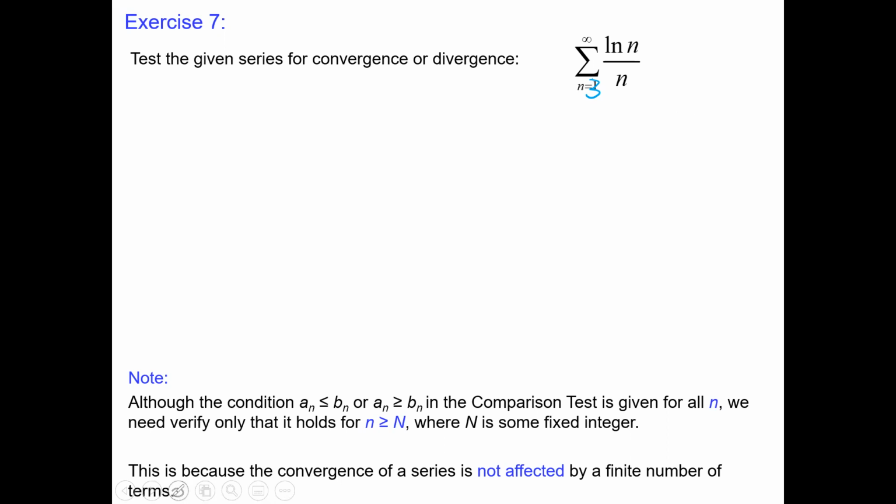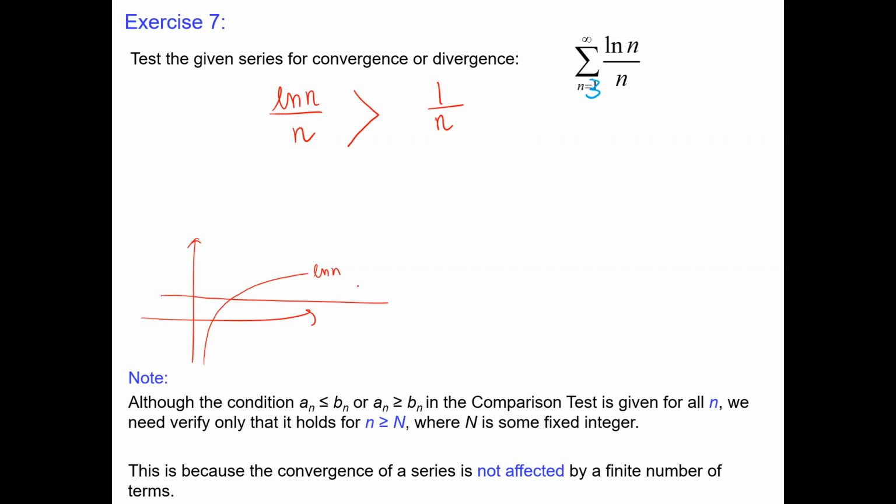Okay, let's try this one. What we can do for this one, natural log of n over n. What can we try? We can try comparing natural log of n with 1. Of course, natural log of n is greater than 1 when we draw ln of n, and 1 is just the horizontal constant function.